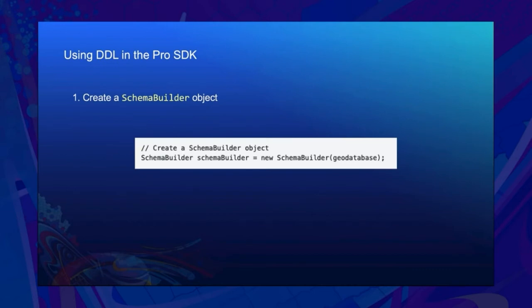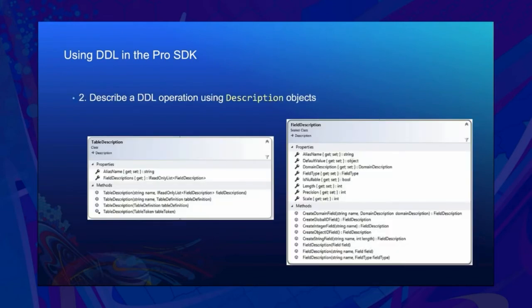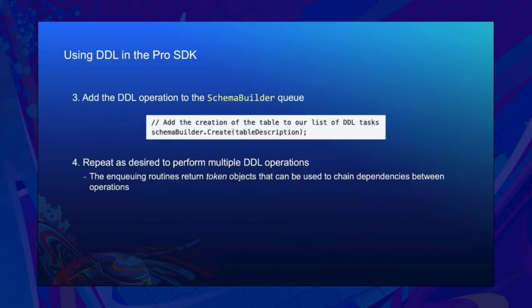So the way the DDL API works in the Pro SDK is you start by creating a Schema Builder object. Then you describe the DDL operation that you want to execute using a set of description objects. So we have table descriptions, field descriptions, domain descriptions, and so forth. You then add that DDL operation to the Schema Builder queue, and you can create and enqueue multiple operations into a single run of this tool.